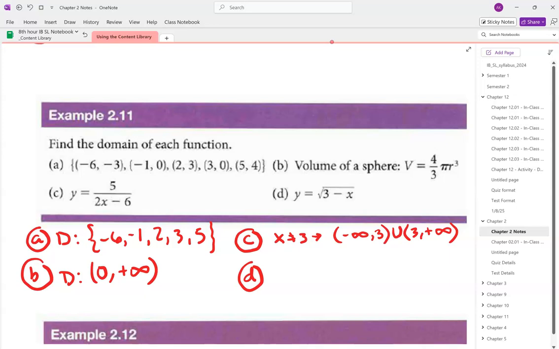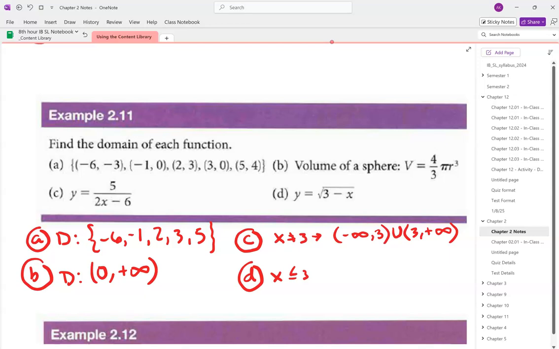Okay. How about the next one? What about D? What values there give us undefined? Negatives underneath the radical, right? What values of x? It has to be 3 or less than or equal to 3, right?